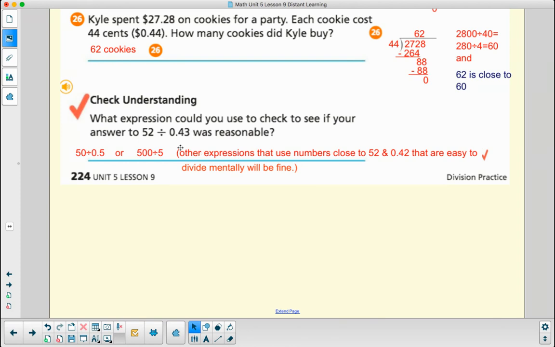Now, you can use any other expression that uses numbers close to 52 and 43 hundredths that are easy to divide mentally for you. All right? 43 hundredths isn't easy for me to divide by, but 4 or 5/10 is, or just plain 5. So think of this as a 5 and multiply it by 10. Then think of this as 50 and multiply it by 10. Either way, it gives me 100.